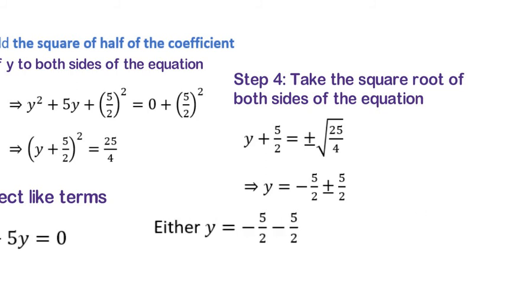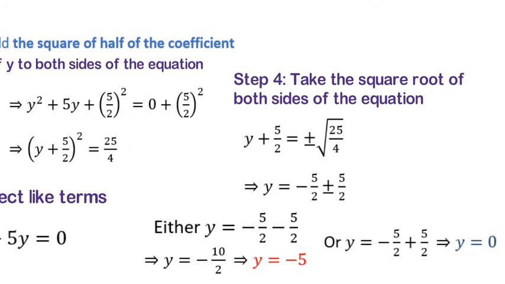Either y is equal to −5/2 − 5/2, which gives y equal to −10/2, which implies that y is equal to −5, or y is equal to −5/2 + 5/2, which implies that y is equal to 0.